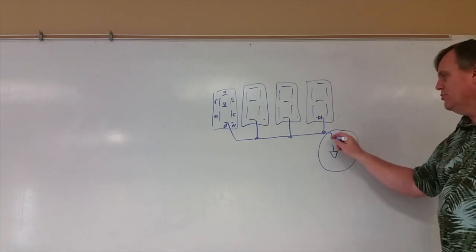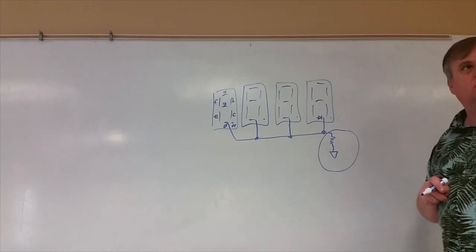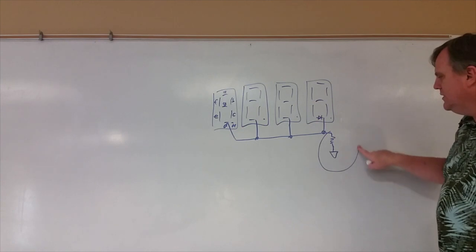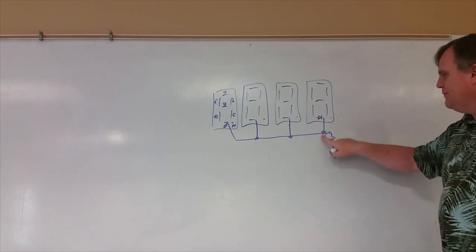So this is actually built into your board. They have a little resistor, which is a current limiting resistor. But this is still not what happens. So that's the first thing I need.